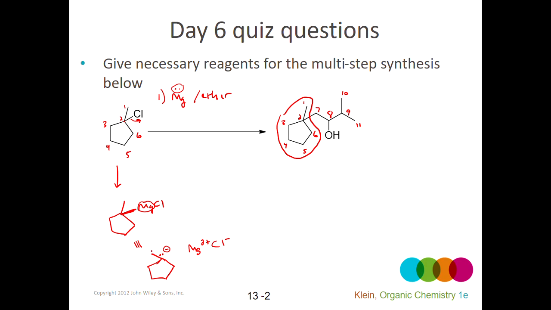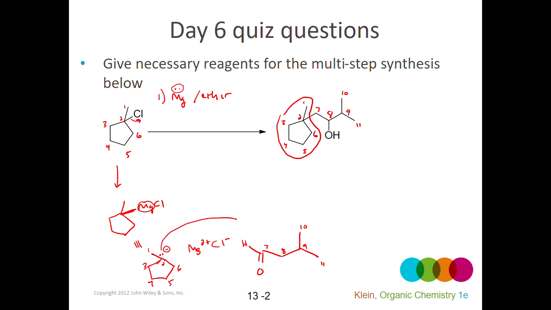So if this is carbon 2, and I want that carbon to connect with carbon 7, I might think about adding a carbonyl. So this would be 7, 8, 9, 10, 11. So if I start with a carbonyl and carbon 7, we can do the reaction we just talked about.